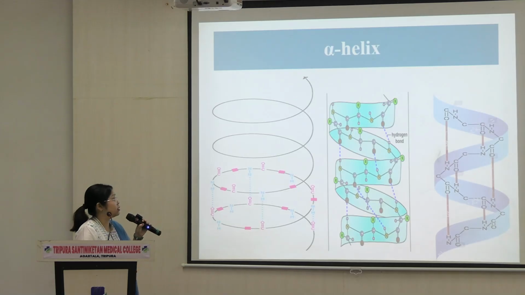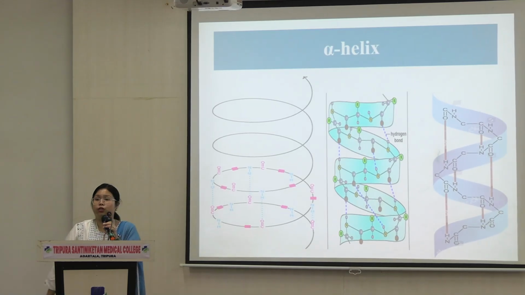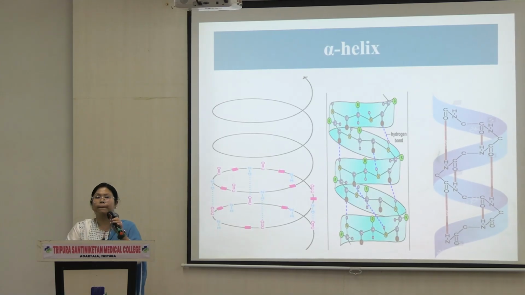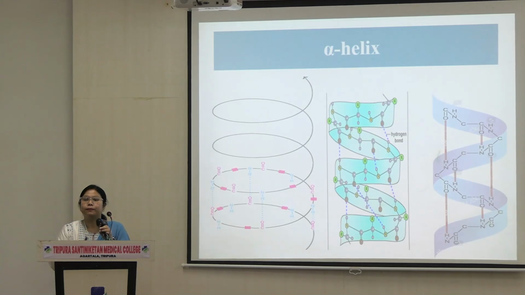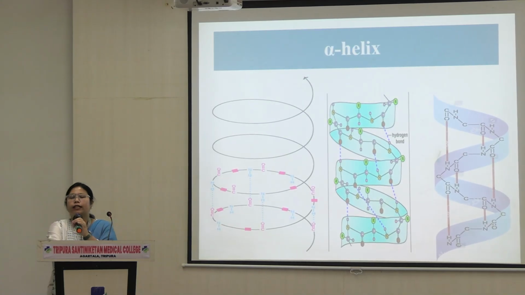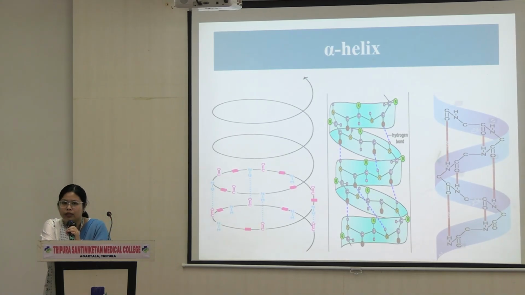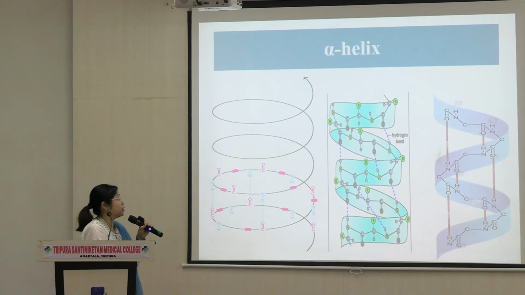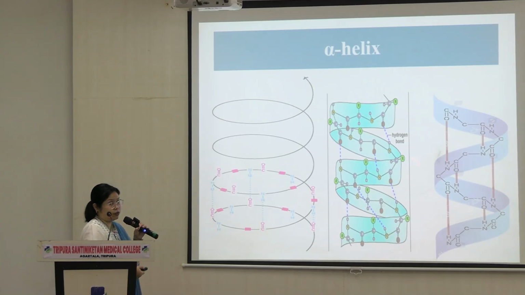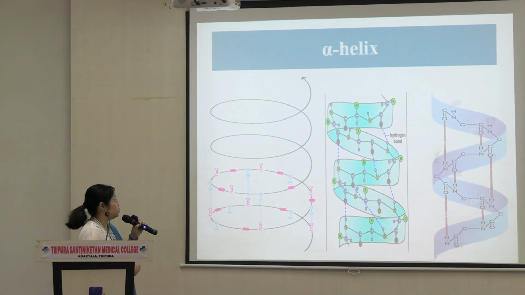This is the alpha helix. So, does it remind you of any structure that you have seen? DNA structure. But DNA structure is not an alpha helix, okay? It's a double helical structure. There will be another helix, another coiling over here, two-sided, okay? Anyway, good observation.